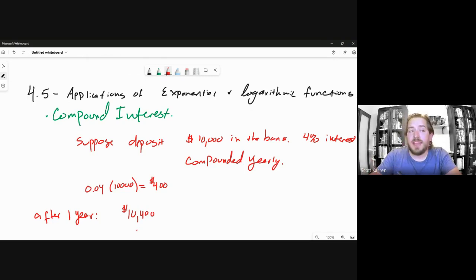Now, if you leave that $10,400 in another year, you're going to get that multiplied by 0.04 for the next bit of interest. That's your second year interest. All right. So we're going to take that 10,400, multiply it by 0.04 again. 10,400 times 0.04.